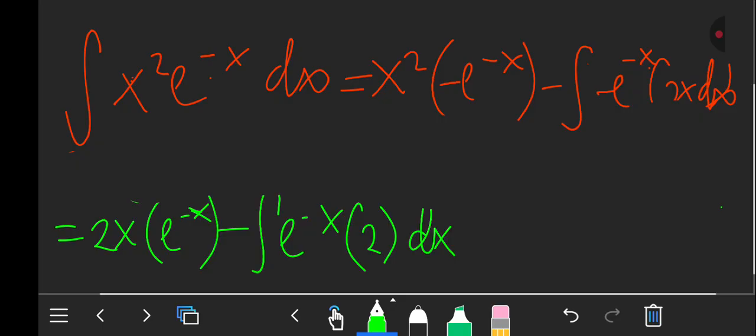But you see, I can again find the integral of that.